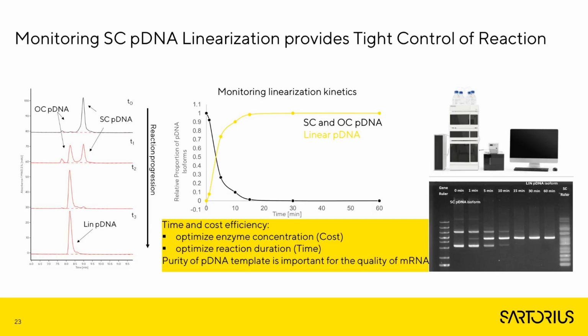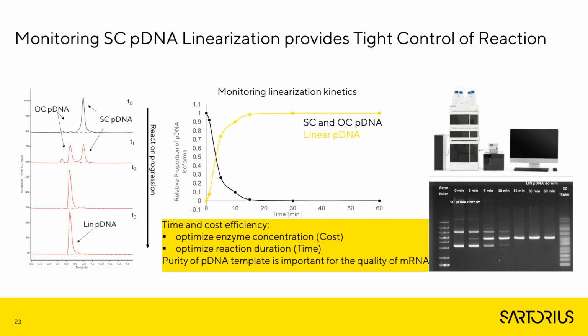So we can plot area under curve of our chromatographic peaks shown on the left-hand side. We can monitor the conversion of supercoiled in near real time with some short analytical lag. We then plot area under curve, integrate, and we can really get an excellent view into the kinetics of our linearization. Why is this important?